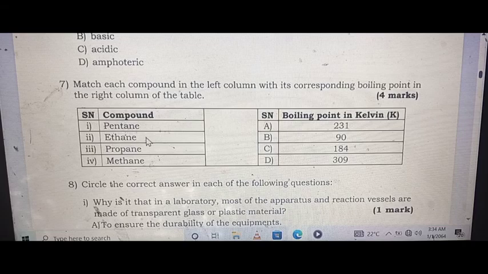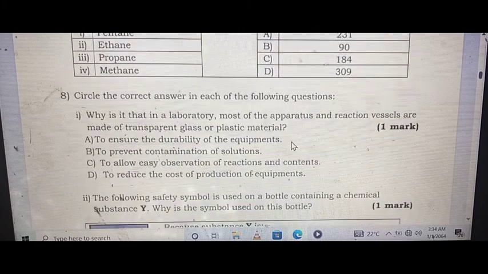Match to A, 231. 3, propane. Match to C, 184. 4, methane. Match to B, 90 Kelvin.